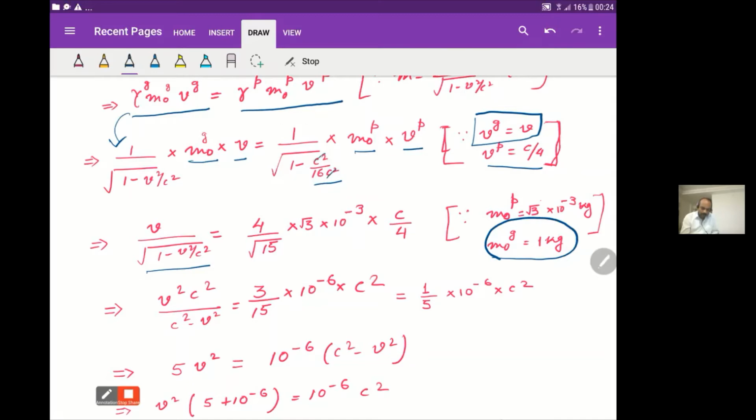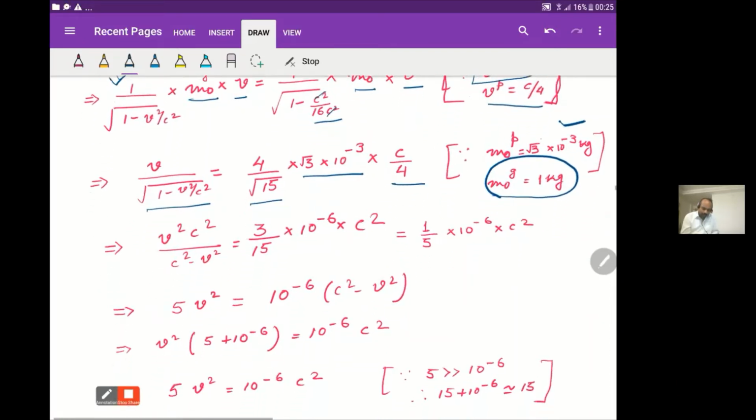So 4, and then 16 minus 1 gives us root 15 times the rest mass of the particle, which is root 3 times 10 to the power minus 3 kilogram times velocity c by 4.